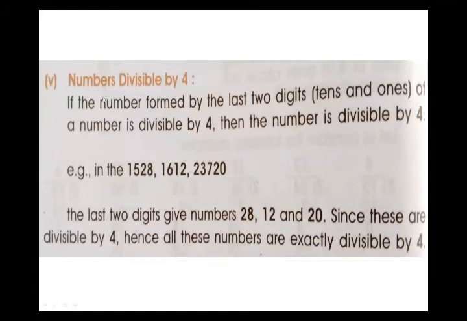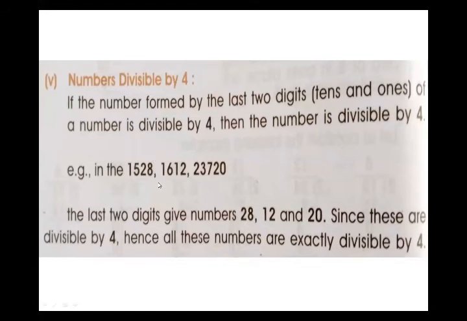Similarly, for the divisibility of 4, we pick the last two digits, on the tens place and the ones place. If they are divisible by 4, then the actual number is also divisible by 4. Here you have examples in your book: 1528, 1612 and 23720. Firstly check the last two digits, which are 28. If 28 is divisible by 4, then the number 1528 is also divisible by 4.